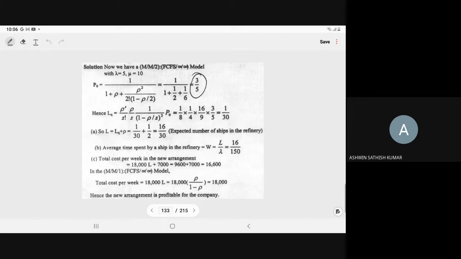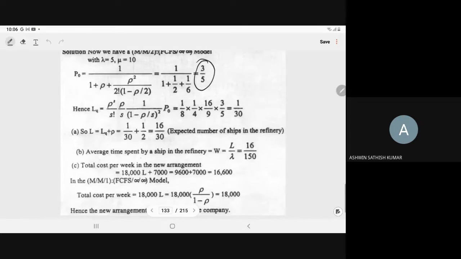So having the knowledge of P naught as 3 upon 5, we can compute LQ. LQ is rho to the power s upon factorial s, rho upon s, 1 minus rho upon s whole square, into P naught. So rho is equal to half, s is equal to 2. So here you have the value of LQ as 1 upon 30.